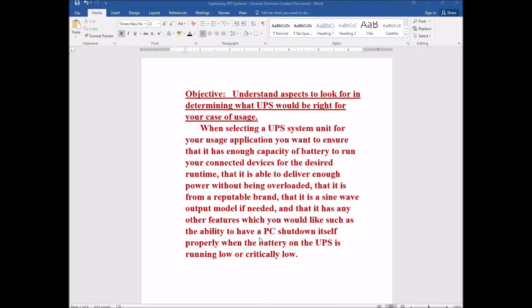When selecting a UPS unit for your usage application, you want to ensure that it has enough battery capacity to run your connected devices for the desired runtime, that it would be able to deliver enough power without being overloaded, that it is from a reputable source/brand, that it is a sine wave output model if you need it, and if it has any other features which you want or need, such as having the PC shut itself down when the power remaining on the battery gets critically low.